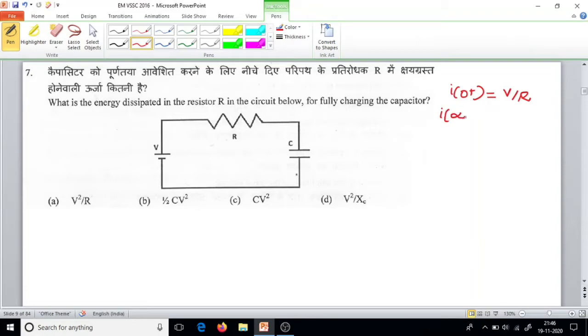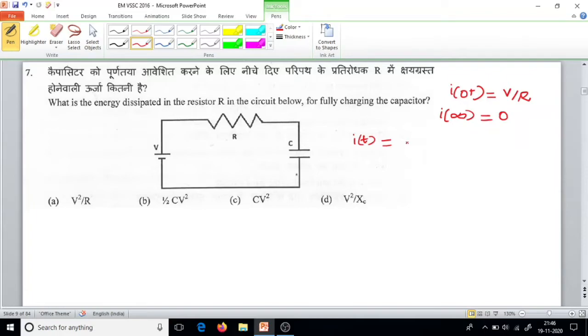Now, what happens at infinite time? What is the current flowing through the capacitor? That is 0 amps. Now, what is the current through the capacitor at any time?